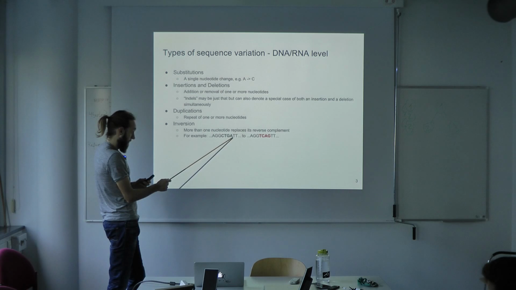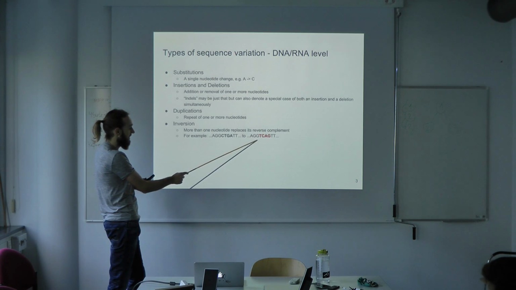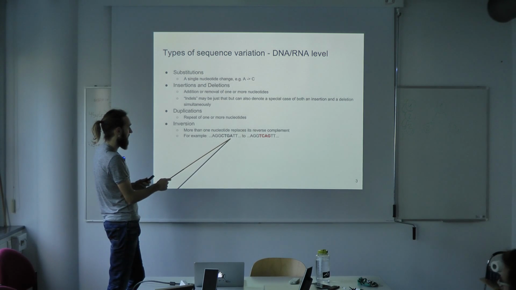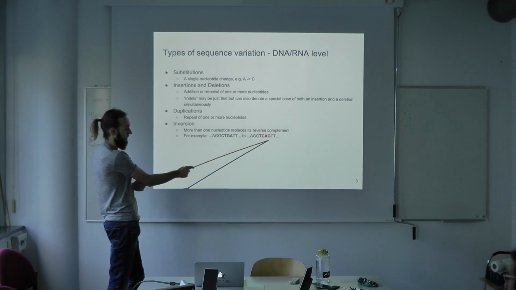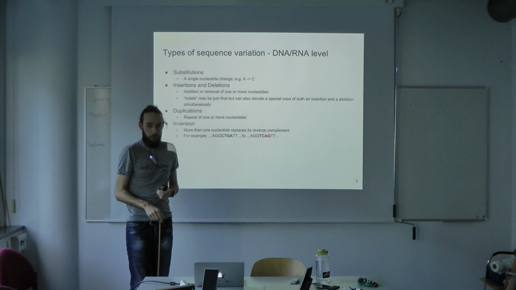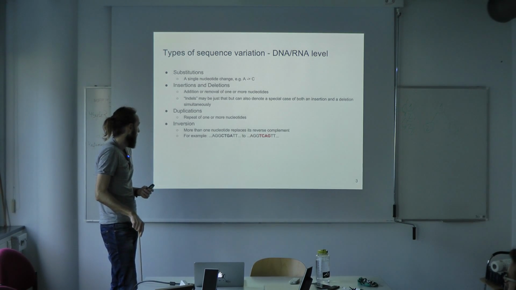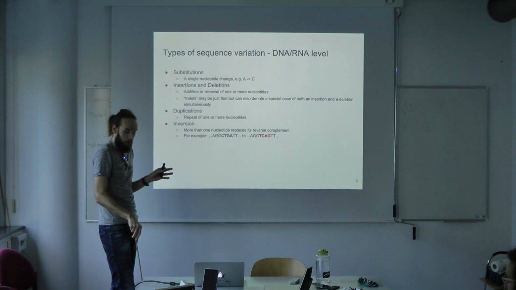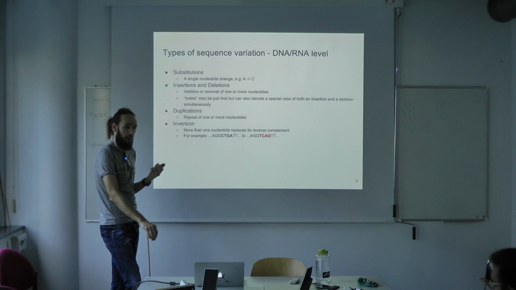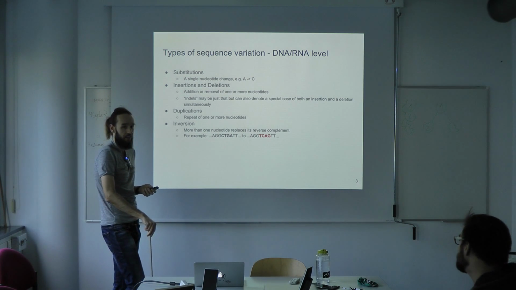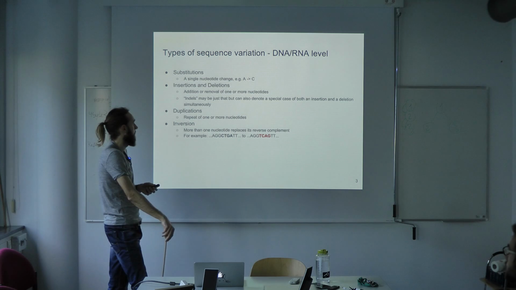So the reverse of A is T, and the reverse of G is C, and so on. So this is TCAG, which you then have here, right? So that's an inversion. Yeah, but I mean, this won't be relevant for the methods we're going to look at, but just to give you an idea of what else happens.